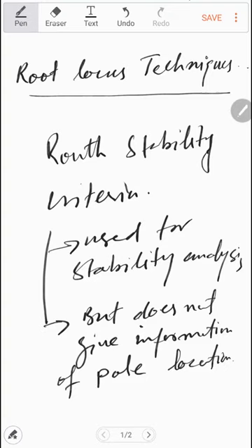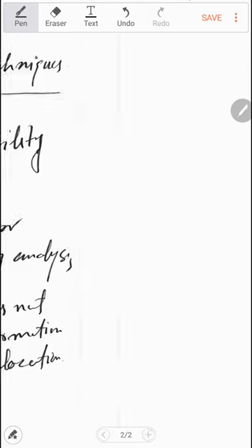It gives only the information whether the poles are in the right half plane or in the left half plane. If all the poles are in the left half plane, we say that the system is stable.